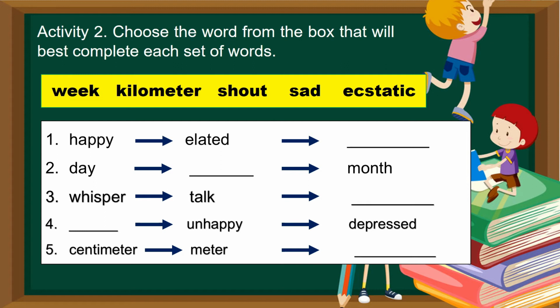Number 1, happy, elated, blank. Number 2, day, blank, month. Number 3, whisper, talk, blank. Number 4, blank, unhappy, depressed. Number 5, centimeter, meter, blank.